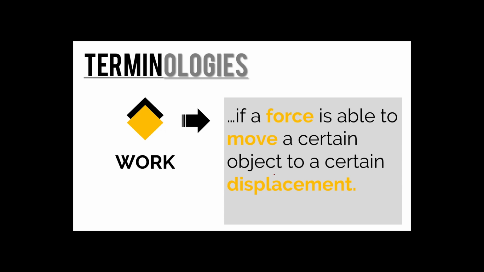But what is the standard unit that we are using for work, and how can we identify the work done by an object or a person to a different object?